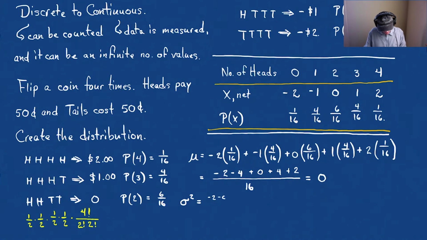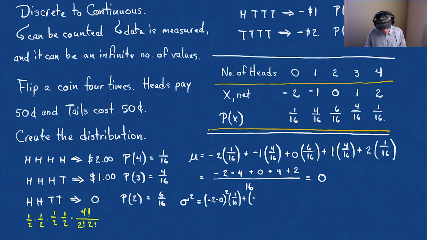So minus 2 minus 0, squared, times its probability, 1 out of 16.